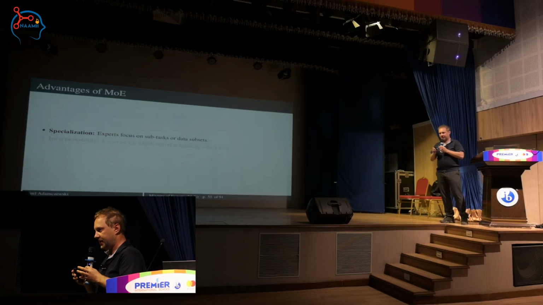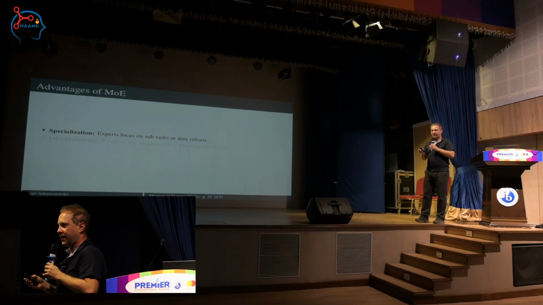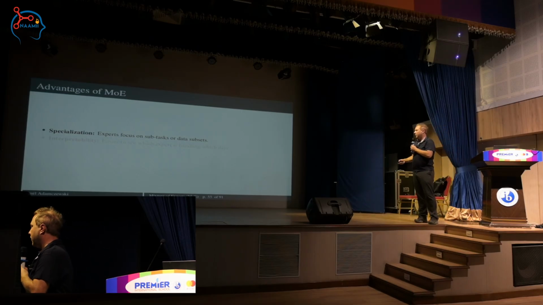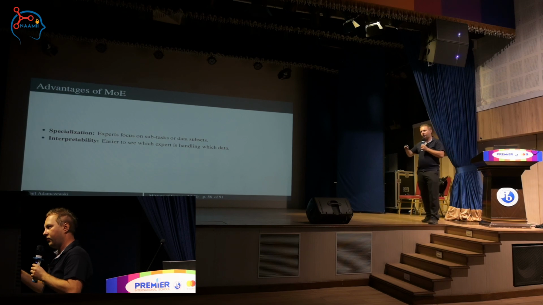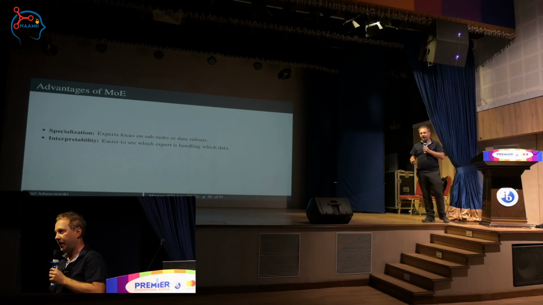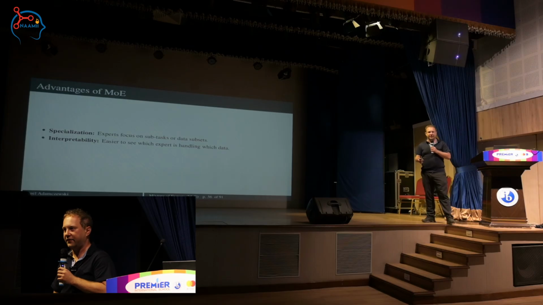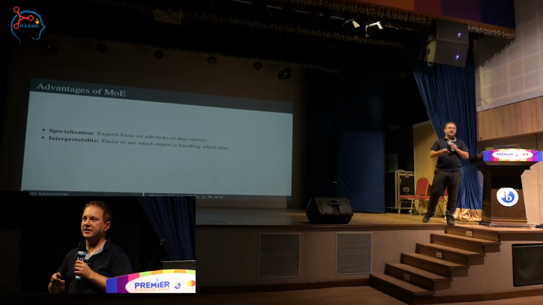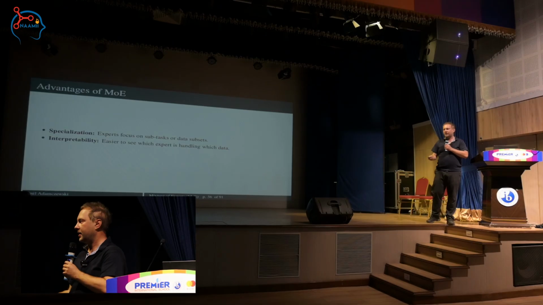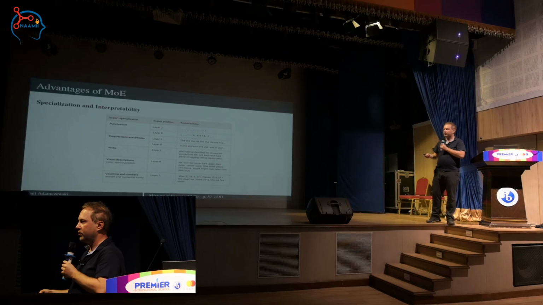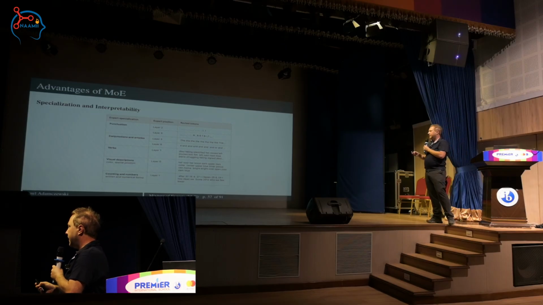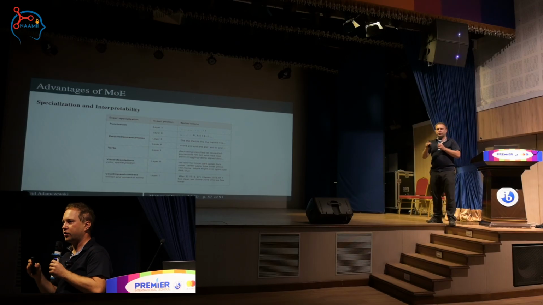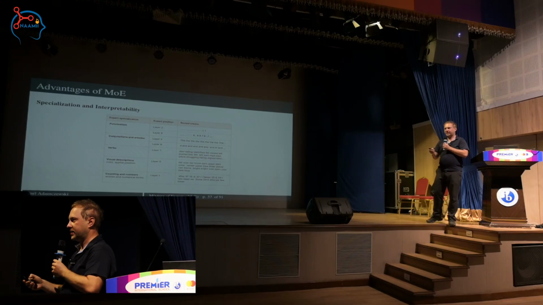So let's summarize what the advantages of the model are: specialization and interpretability. Those are the two things we can try to get. Specialization is given. The interpretability we can sometimes get, sometimes not. But here's an example from one of the papers, which looks at which tokens are routed to which experts.